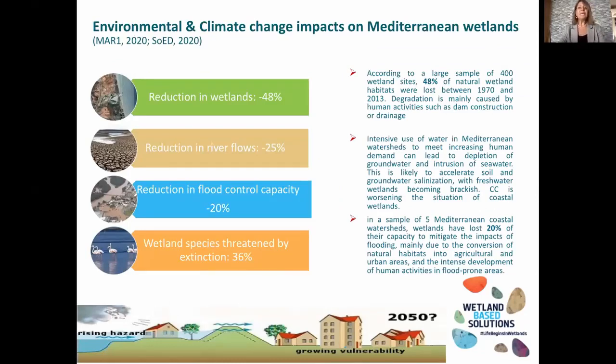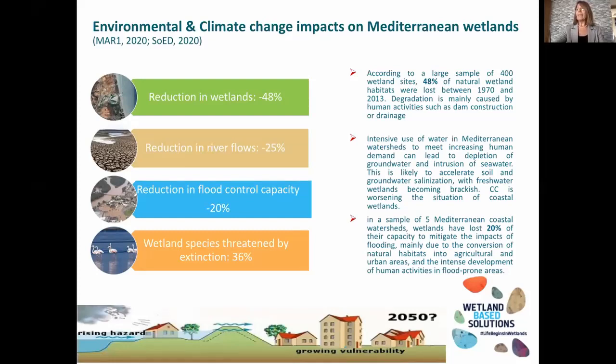Pour ce qui est des zones humides méditerranéennes, nous aurons également une réduction des zones humides de 48% entre 1970 et 2013. La dégradation est principalement causée par les activités humaines telles que la construction de barrages et le drainage en particulier.